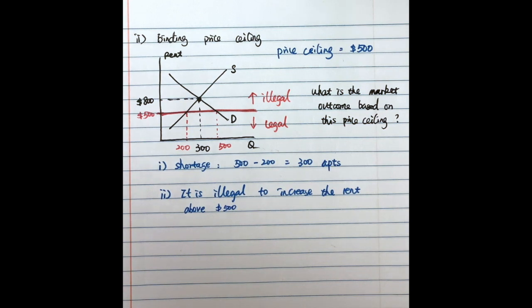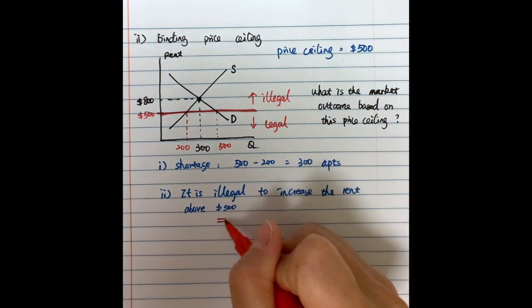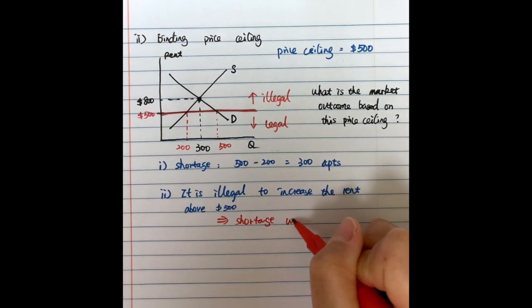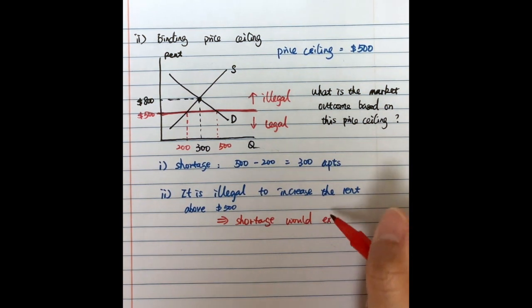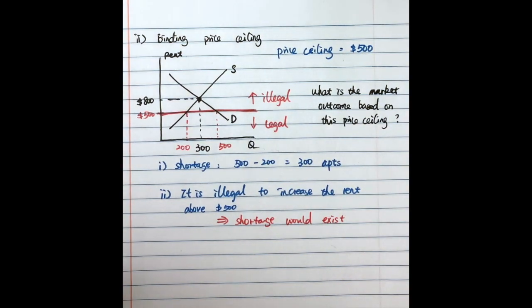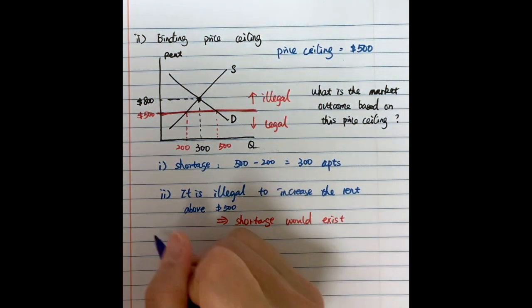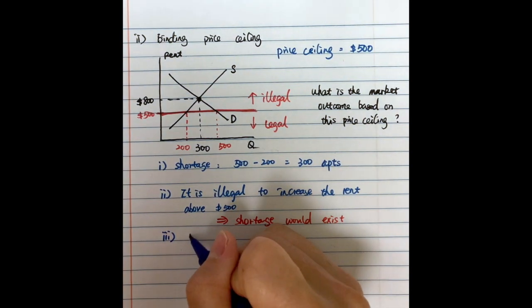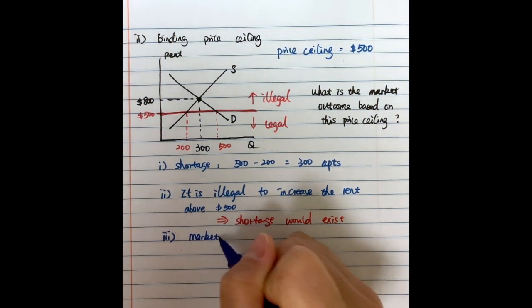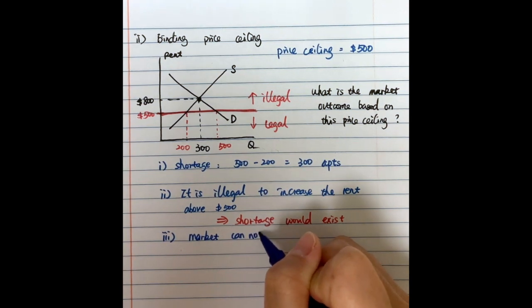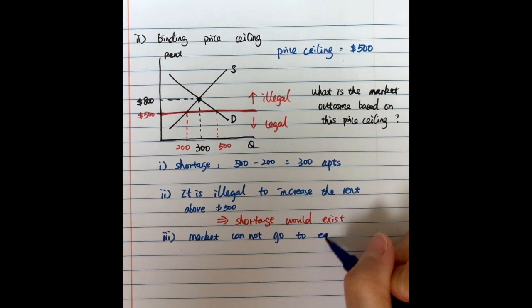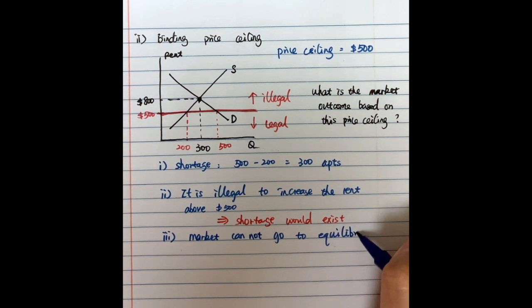Therefore, we notice here the shortage would exist. And then the third analysis here is that the market cannot reach the equilibrium.